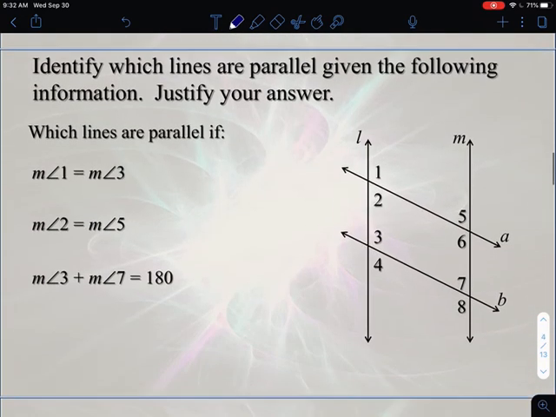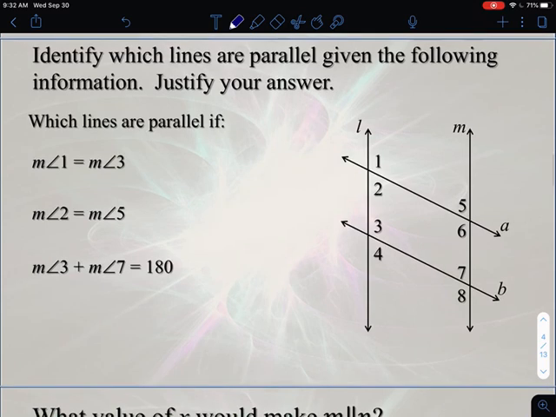Okay. Now, as far as applying the information we just talked about, in this example, they want to know which lines are parallel using the following information. As of right now, these lines are not parallel to each other. There is no marking that says A is parallel to B, or L is parallel to M. So we can't just assume because they look parallel that they are.